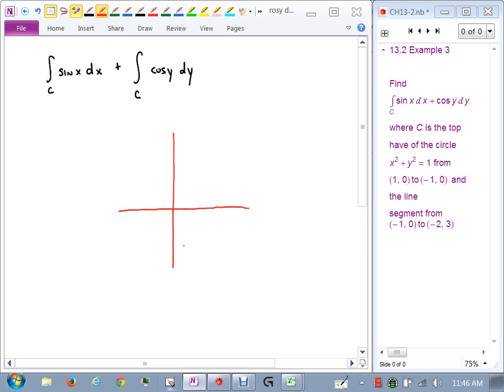C is the top half of the circle x squared plus y squared equals 1, which we already did today, didn't we? We know how to find the parametric equation of that.